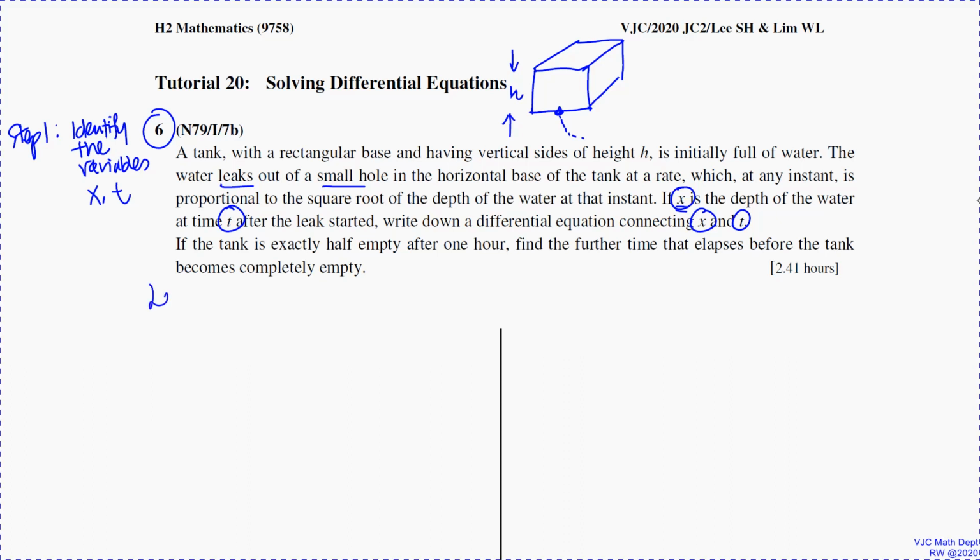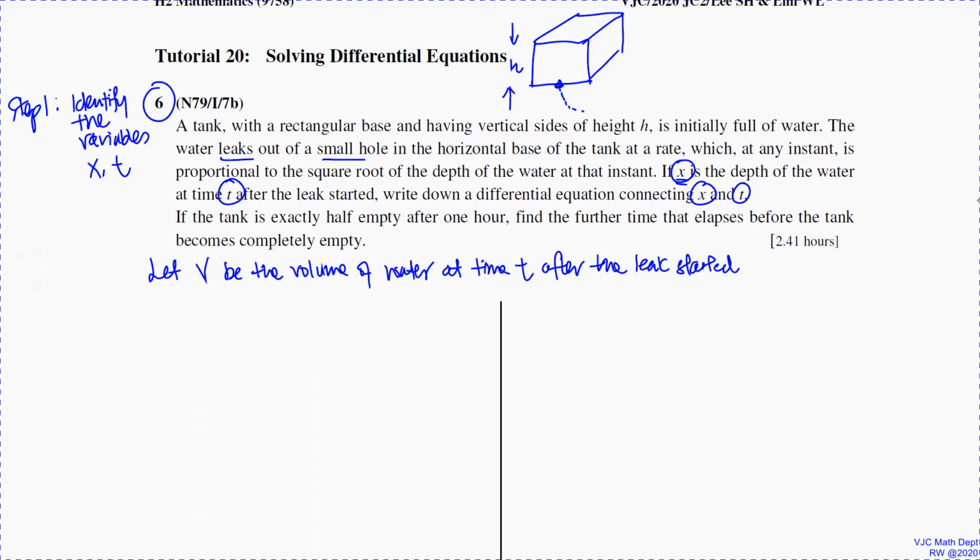So we must first define the variable. Let V be the volume of water at time t after the leak started.